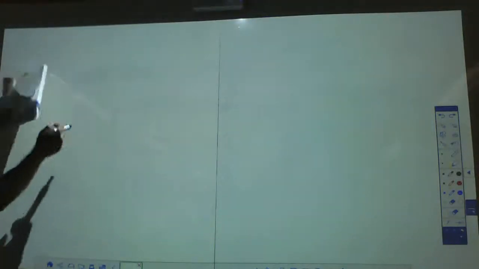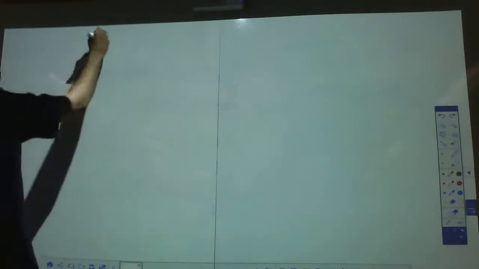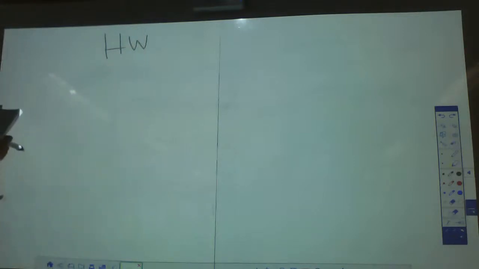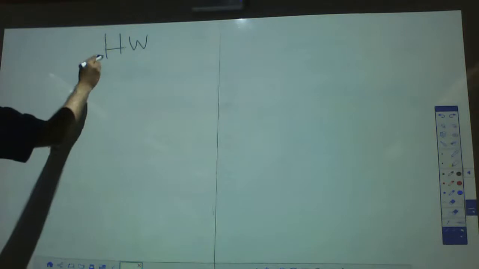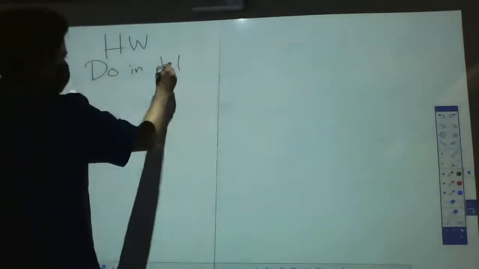Question number 4, it is an intermediate level, so we will not do it now. Okay, so you have homework. This homework you have to do in your notebook, right? Do in notebook, please. This one do in notebook.